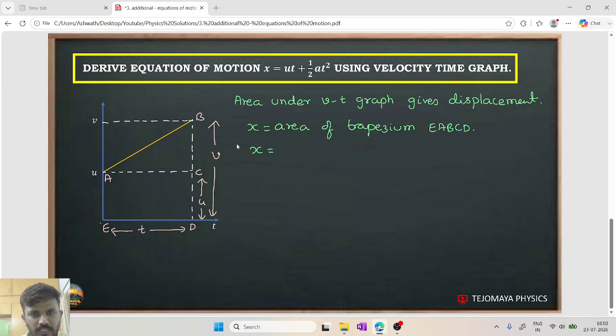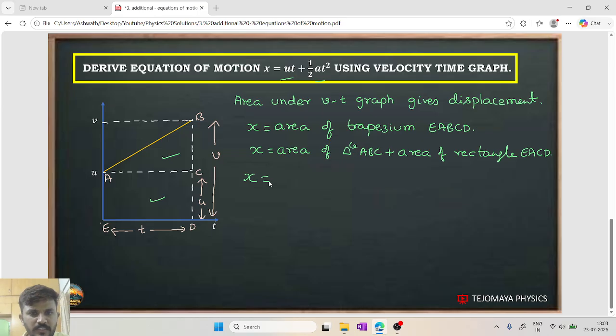That is area of the triangle ABC plus area of rectangle EACD. I will do it separately for this one and this one and then add. So that I will get two parts, which is similar to the previous case.